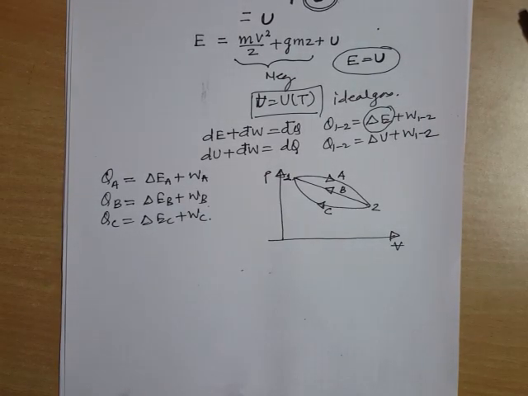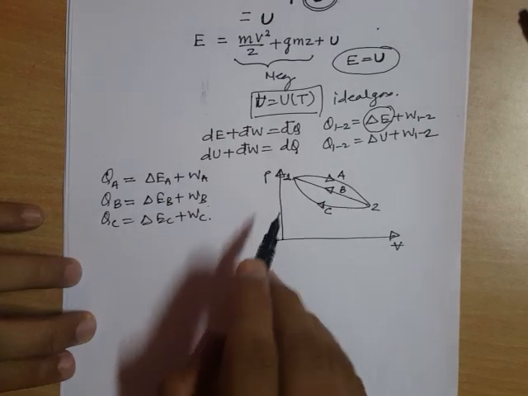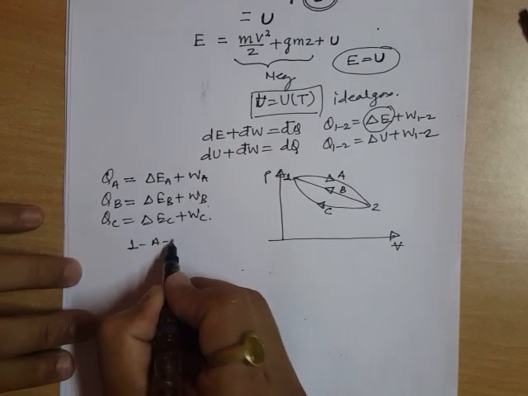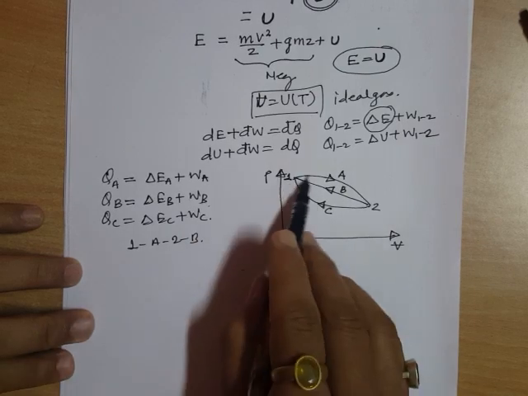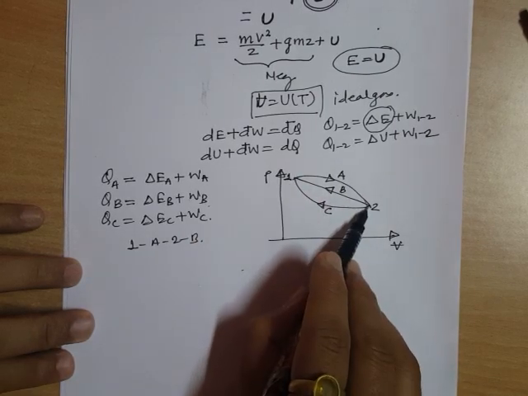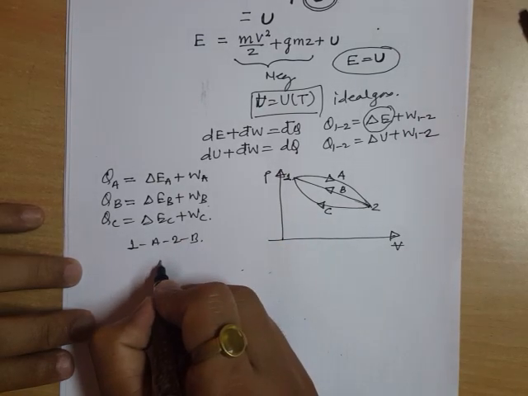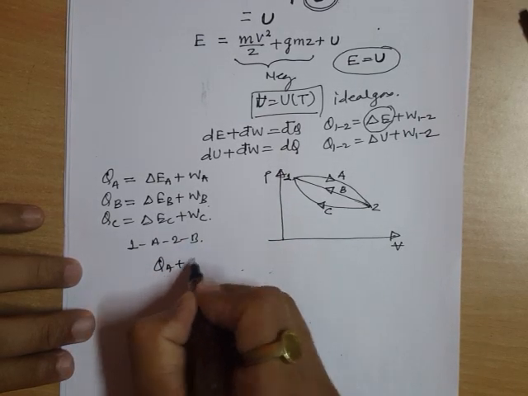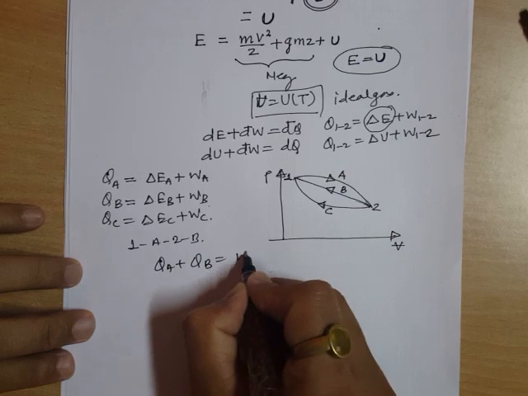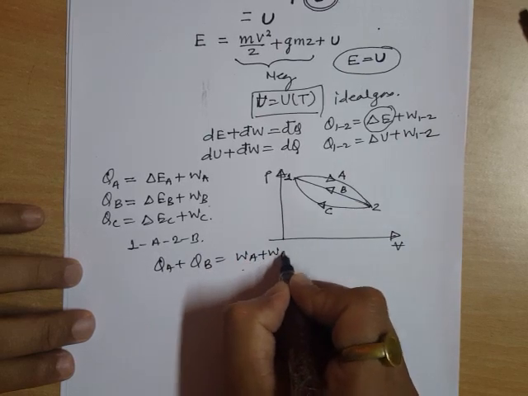Okay. Now consider a cycle, cycle 1A2B1. That is, from 1 moving along A to 2 and then along B back to 1. Then for this cycle, I can write QA plus QB, that is the net heat interaction, which is equal to WA plus WB. Why?